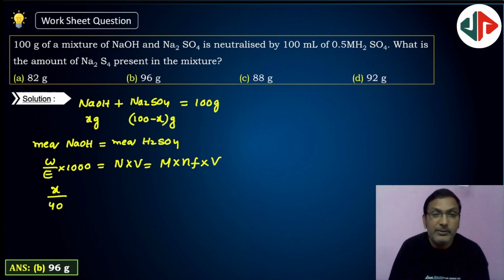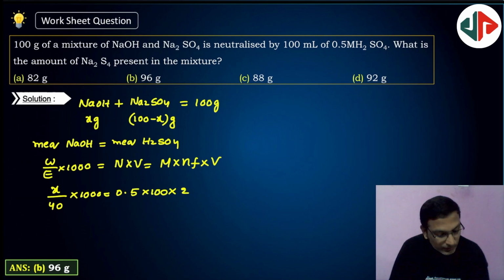So in case of NaOH, equivalent weight equals molecular weight, into 1000 equals molarity, which is given as 0.5, into 100, into N factor of H2SO4, 2.